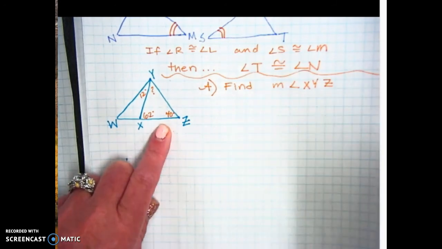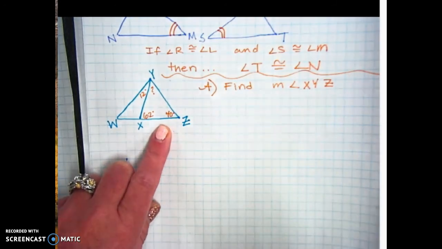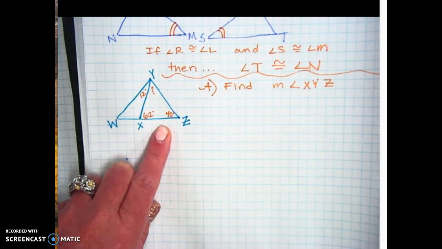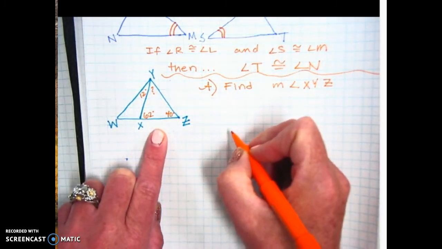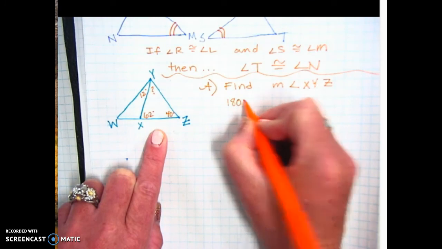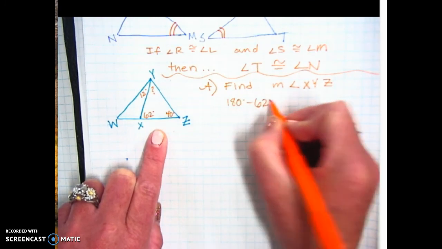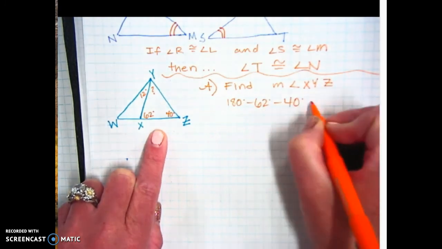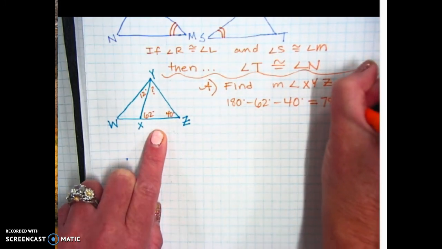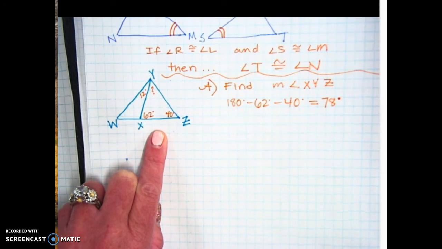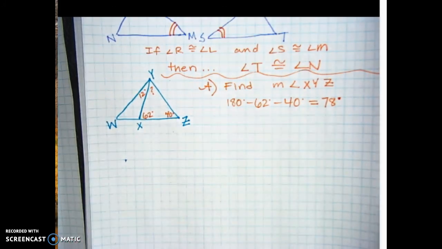We learned the first box was what? Triangle Sum Theorem. All the angles should add up to 180. So if we know these two, we're going to add them together, or you can start with 180, subtract the 62, subtract the 40. What are you left with? 78. Okay? Any questions on part A?